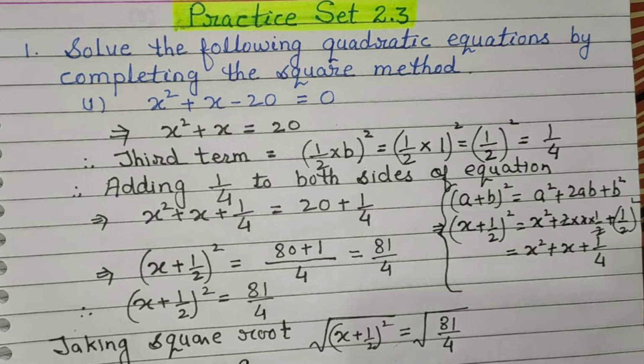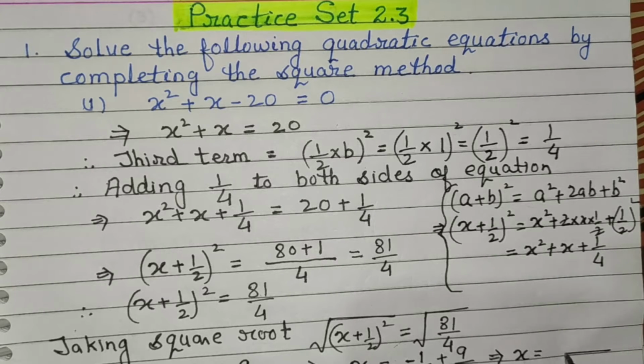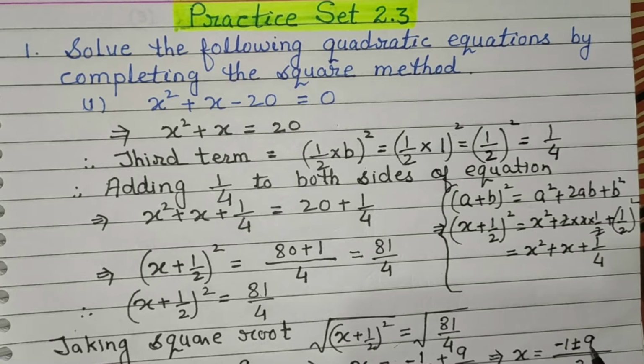Therefore it can be written as x is equal to minus 1 upon 2, shifting to the right hand side we get minus 1 upon 2 plus minus 9 upon 2. Now x is equal to, both the fractions contain the same denominator 2 and add the numerator minus 1 plus minus 9.